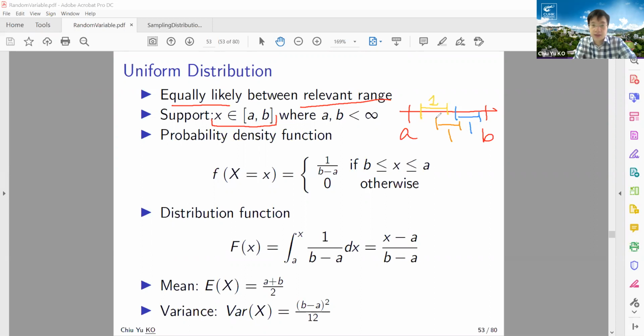The probability that the random variable falls in that interval will be the same. A number from here, a number from here, and a number from here have the same probability.